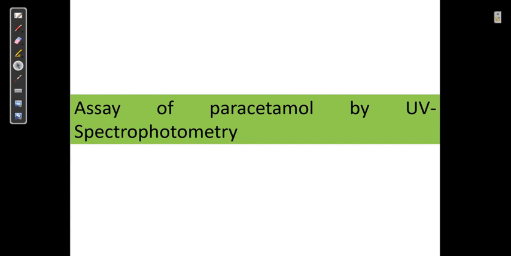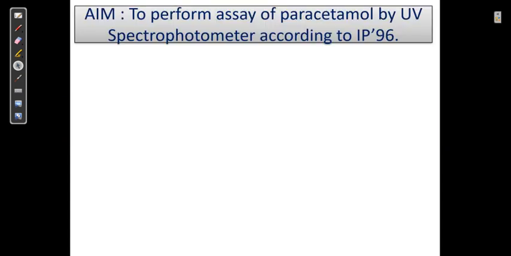It is not written that you follow the IP'96 procedure, but for any assay we discuss, we must follow the procedure given in a pharmacopoeia. So the aim is to perform the assay of paracetamol by UV spectrophotometry according to IP'96.